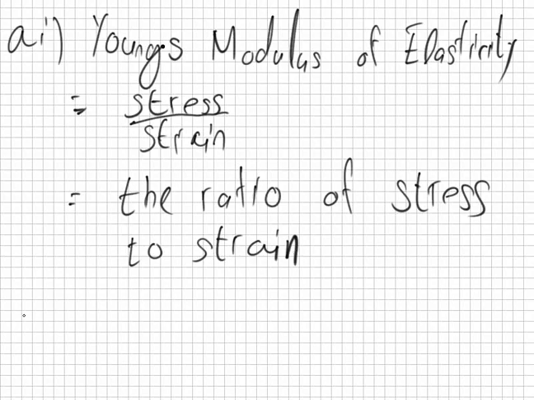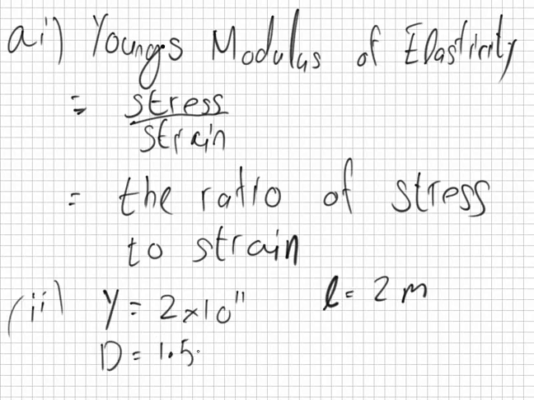Okay. Young's modulus equals 2 times 10 to the 11 pascals. Calculate the extension if the length is 2 meters, the diameter equals 1.5 millimeters, so the radius would equal 0.75 millimeters.